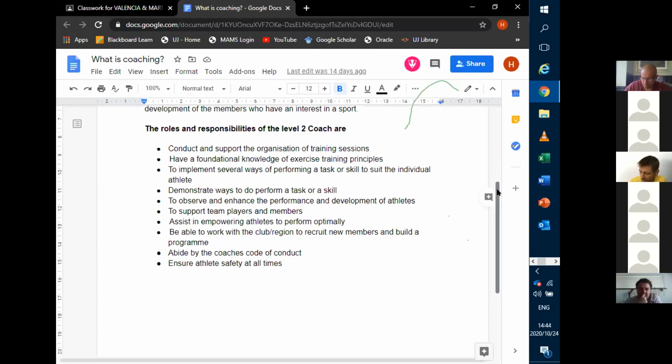Be able to work with the club region to recruit new members and build a program, and to abide by the coach's code of conduct. Cannot emphasize this more and more and more. To me, everybody needs to go back and read that every now and again, and see, am I abiding by it? Okay, and this is also a very important one, to ensure the athlete's safety at all times.